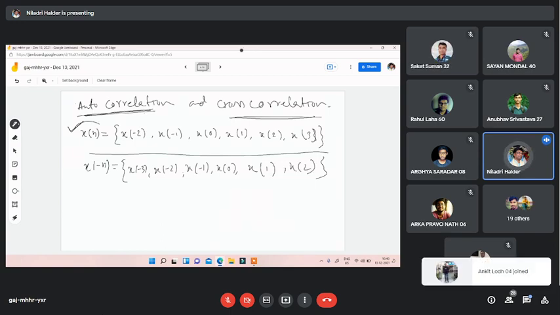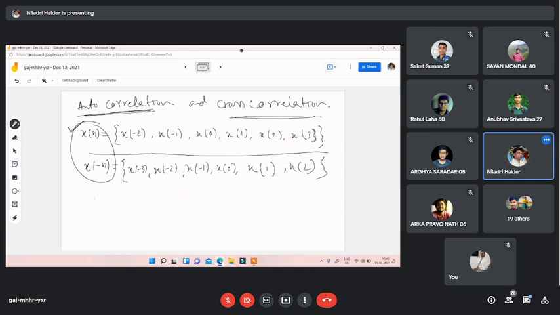Now do the circular convolution between these two, x(n) circular convolution x(-n).